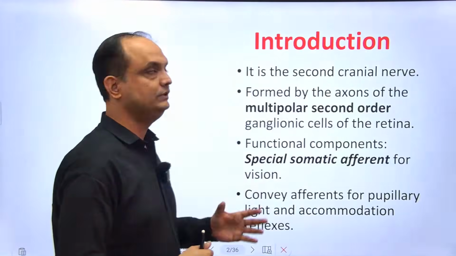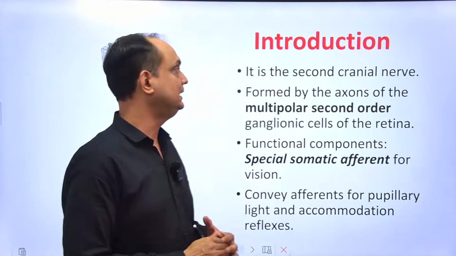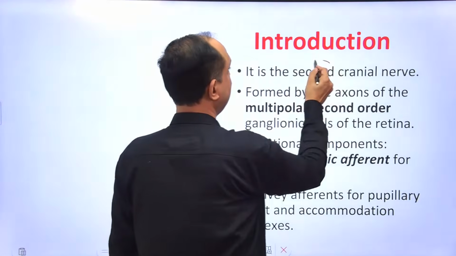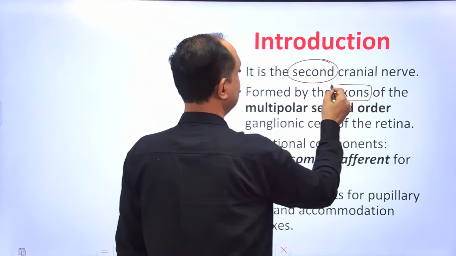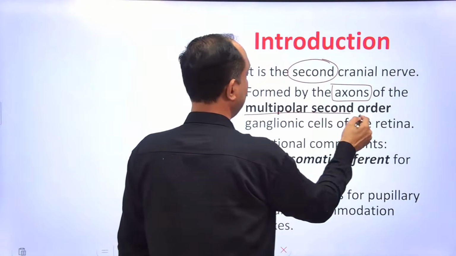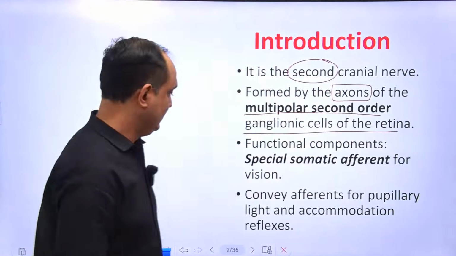First, when you see the optic nerve, you should keep in mind that the optic nerve is the second cranial nerve, which you all know, and it is formed by the axons of multipolar second order ganglionic cells of the retina.